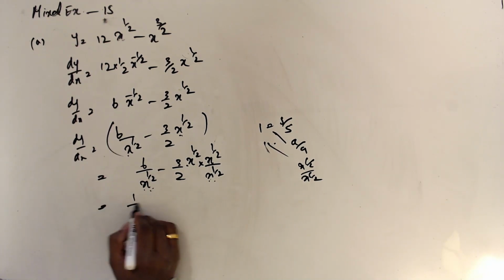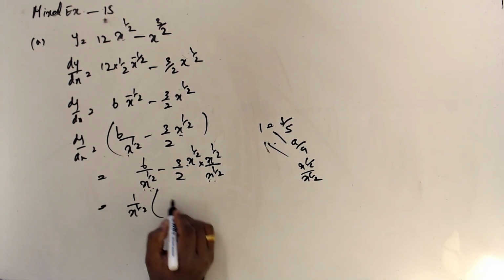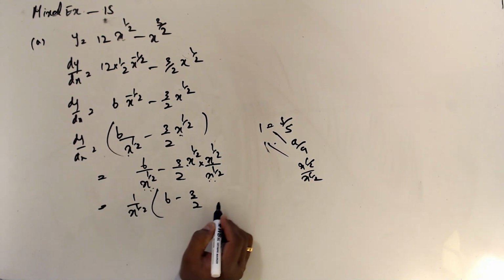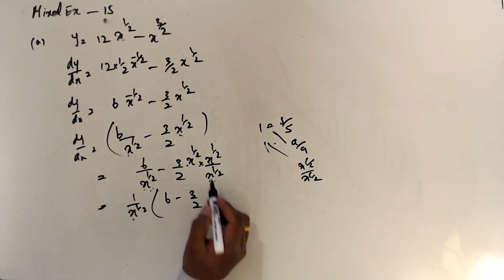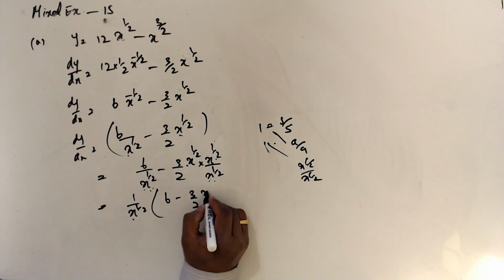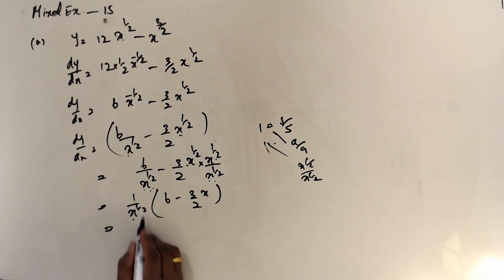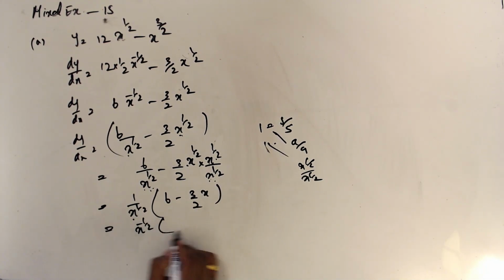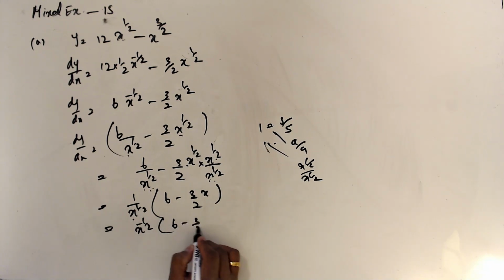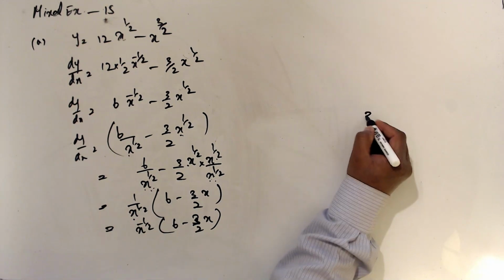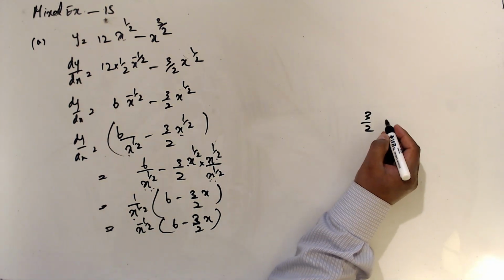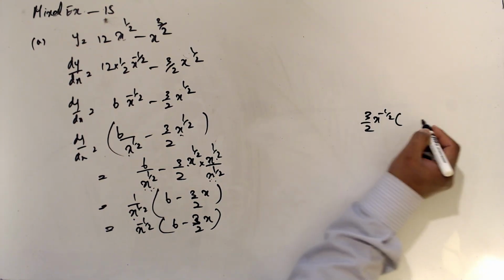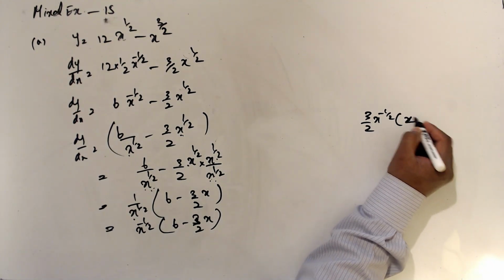Then I can take x to the half out. This is going to be 6 minus 3 over 2, this is already out, and x to the half times x to the half becomes x. So when I bring up x to the minus half, the answer is this one: 3 over 2 x to the minus half times (4 minus x).